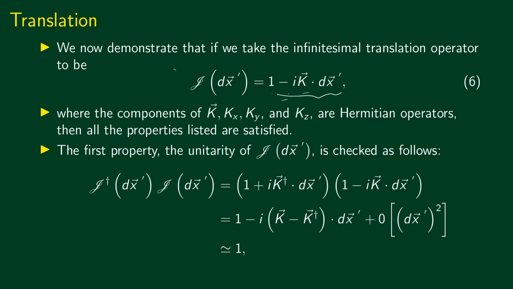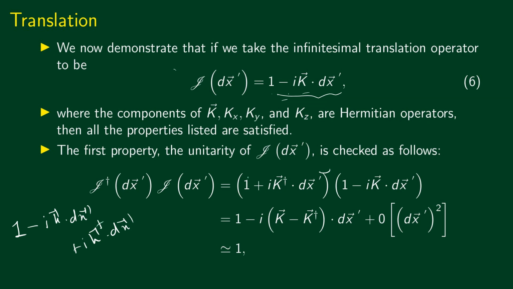So if I make this multiplication, this is 1 minus ik vector dot dx vector prime, plus ik vector dot dx vector prime. There's one more term. It's a dagger here, right?